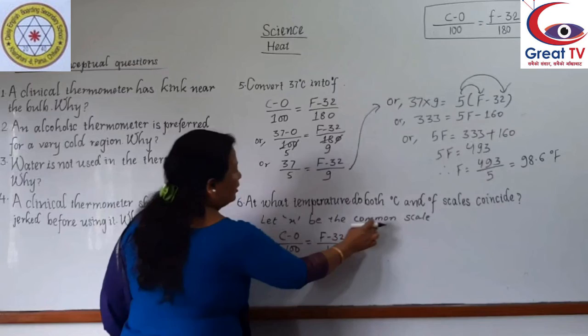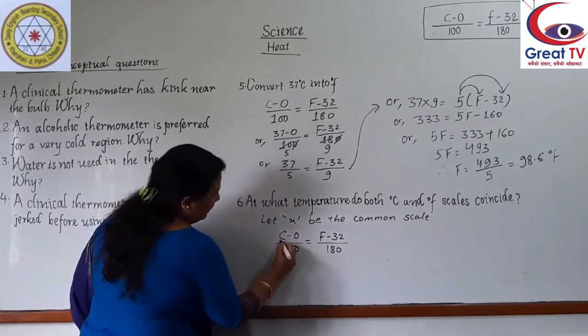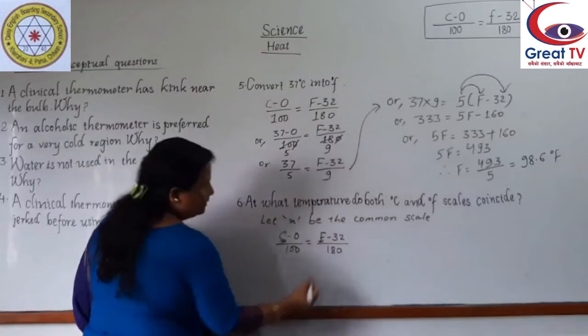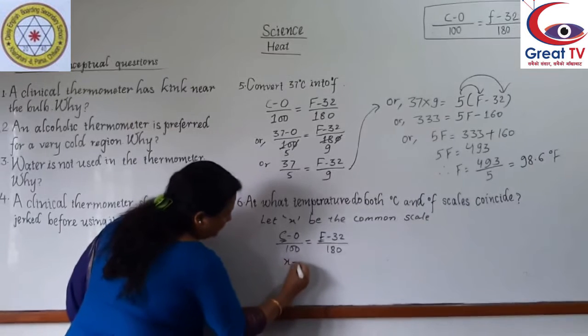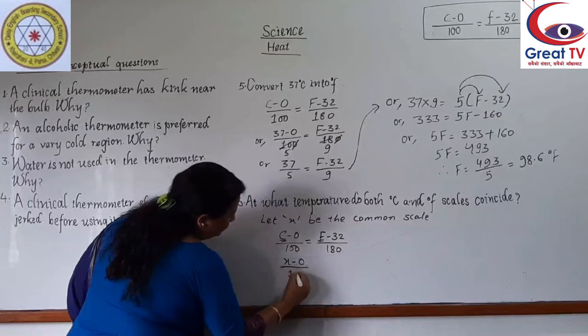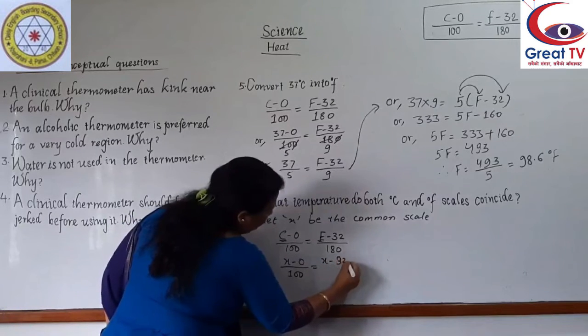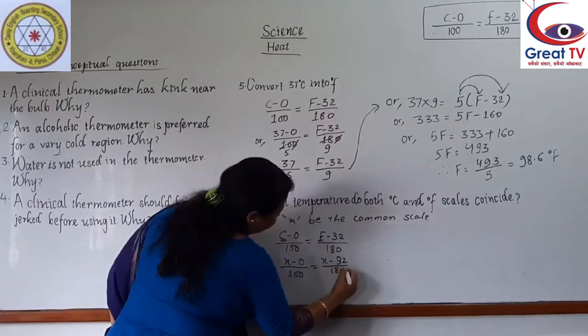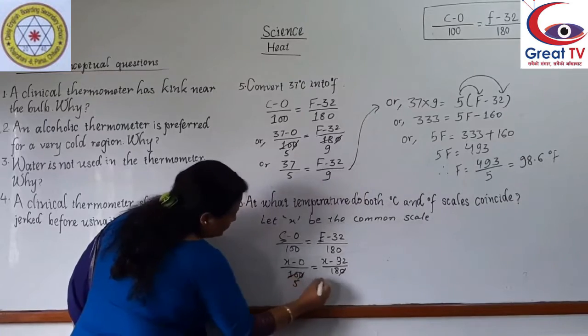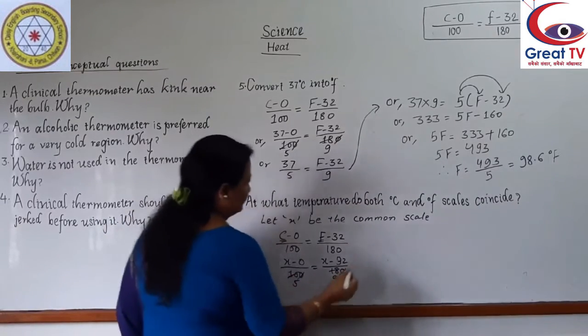Let x be the common value, so we write x in place of C and F. (x minus 0)/100 is equal to (x minus 32)/180. 2 5s are 10, 2 9s are 18.